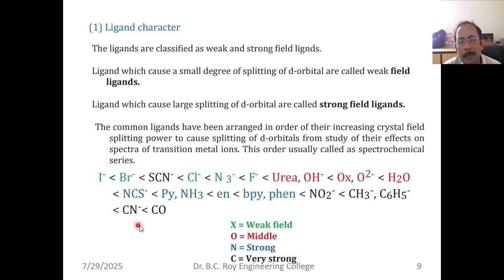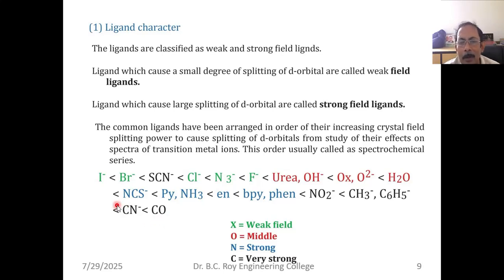Why is it so? That is because cyanide and carbon monoxide, which as a ligand is called carbonyl, are capable of forming back bonding. They have pi star orbitals and are capable of accepting filled d electrons from the metal ion into their pi star orbitals, and that's why they give some back bonding or partial double bond character, and as a result these two give maximum field strength.